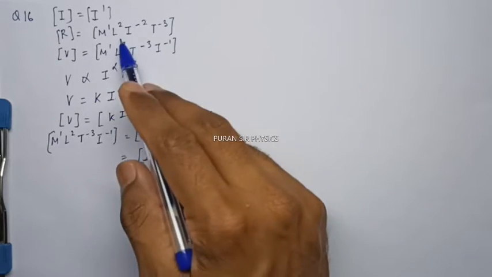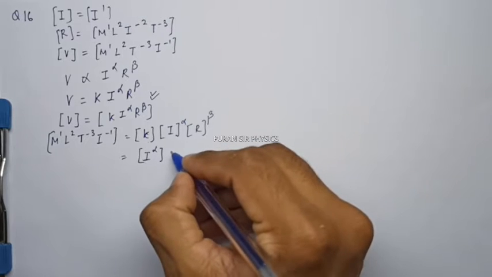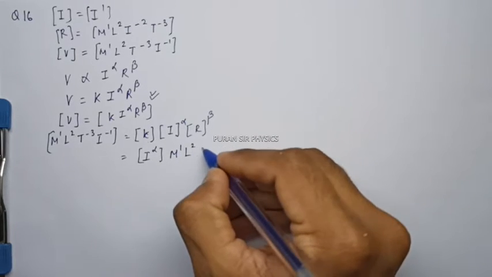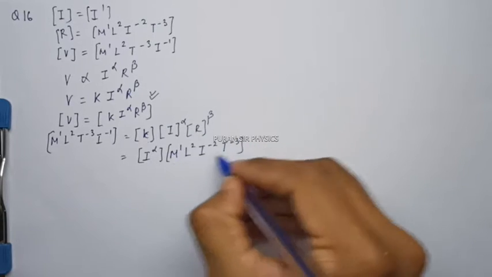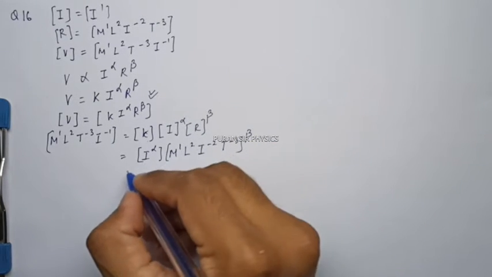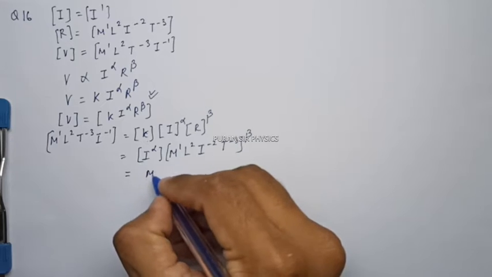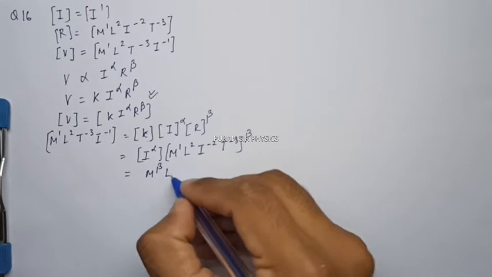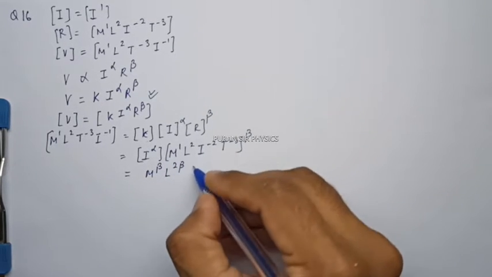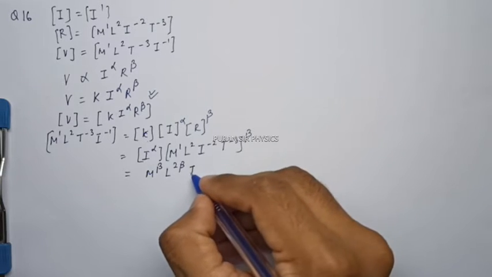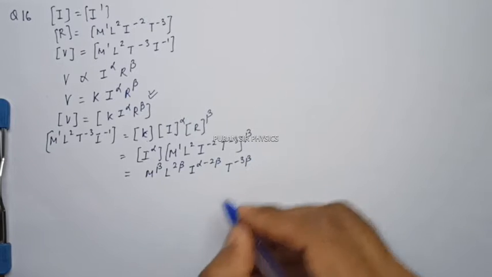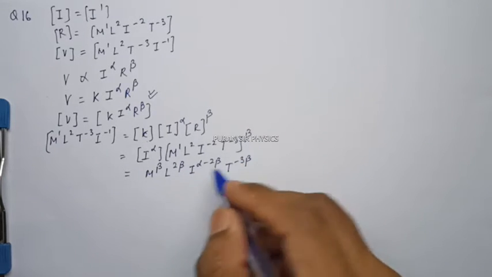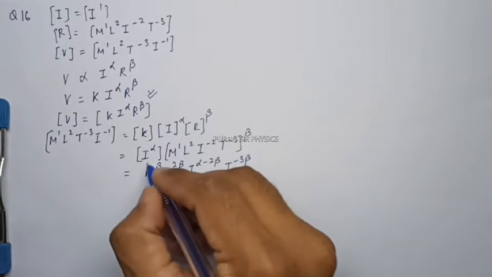R will be M raised to power 1, L raised to power 2, I raised to power minus 2, T raised to power minus 3, all raised to power beta. So it will be M raised to power beta, L raised to power 2 beta, I raised to power alpha minus 2 beta, and T raised to power minus 3 beta. Here we have applied the properties of exponents.